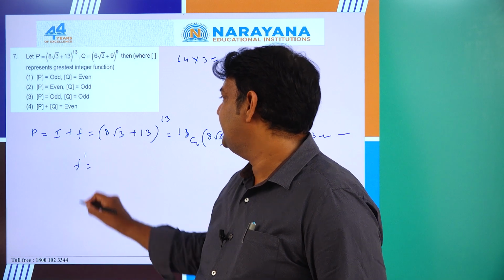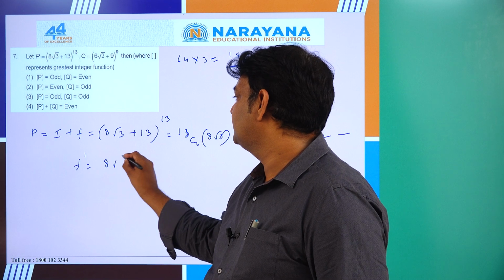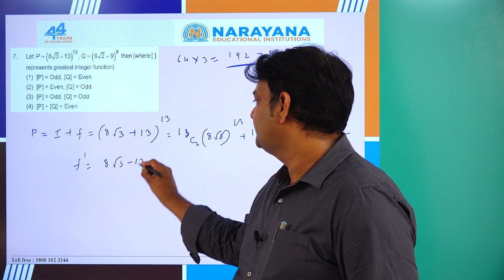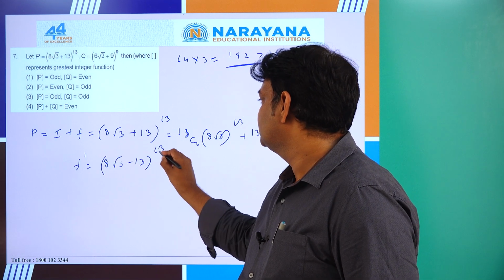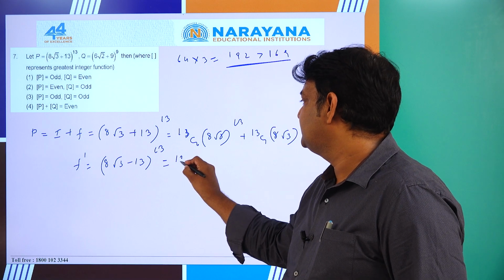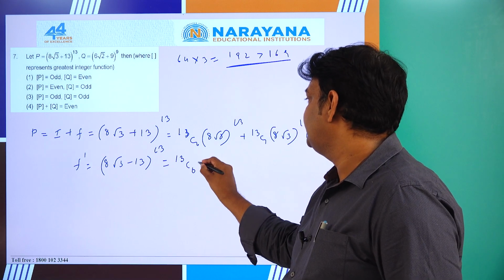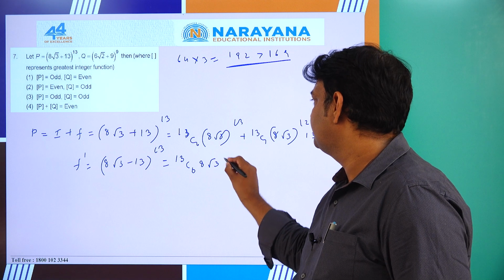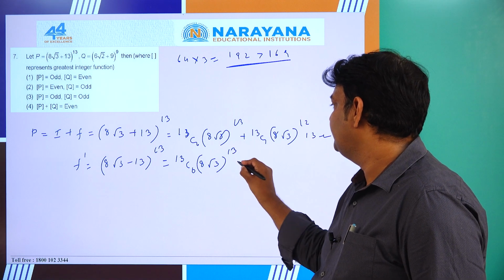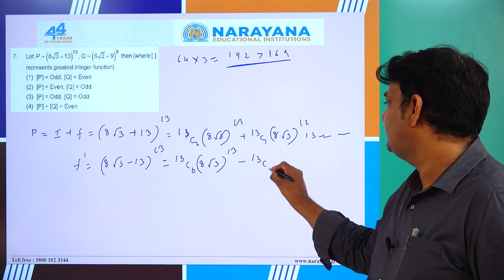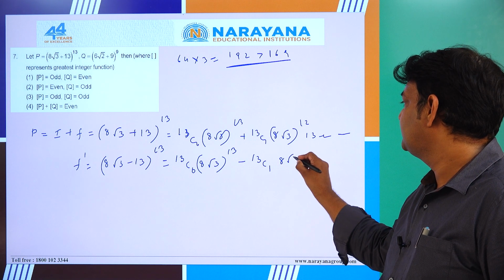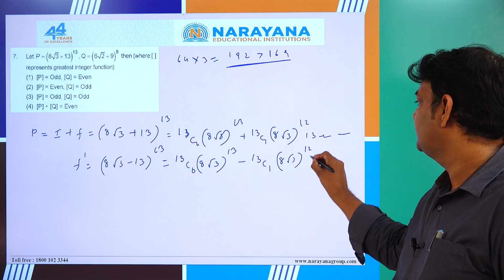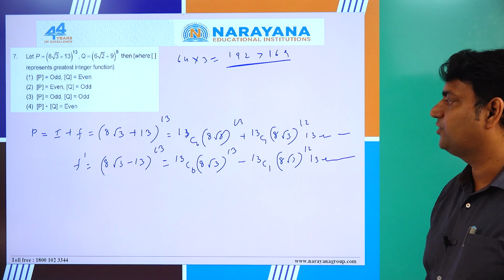What is f dash? We have to consider the difference of these two: 13C0 (8 root 3) power 13 minus 13C1 (8 root 3) power 12 into 13, and it will keep on going like this.